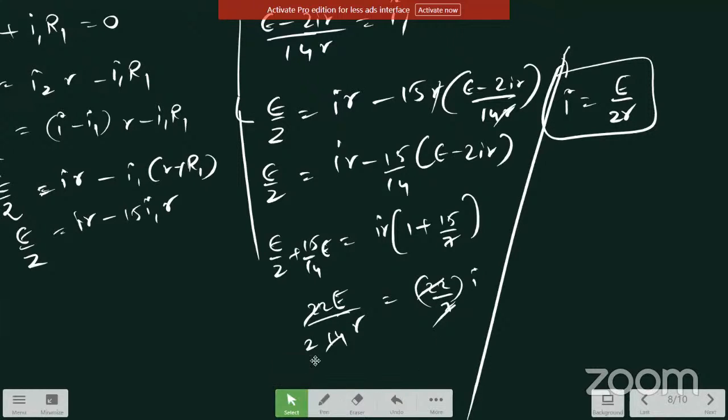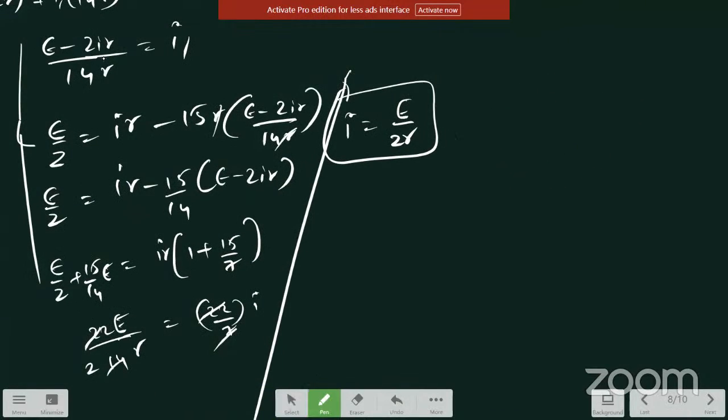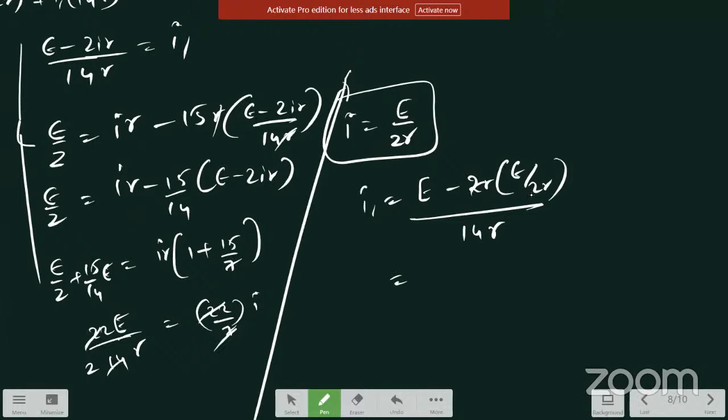So putting this I value here, what you will get as I1 is E minus 2 into R into I, in place of I put this one, over 14R, is equal to I1. Now 2R to... what happened?